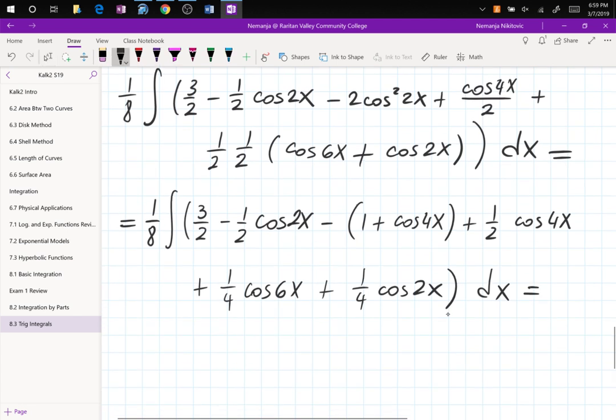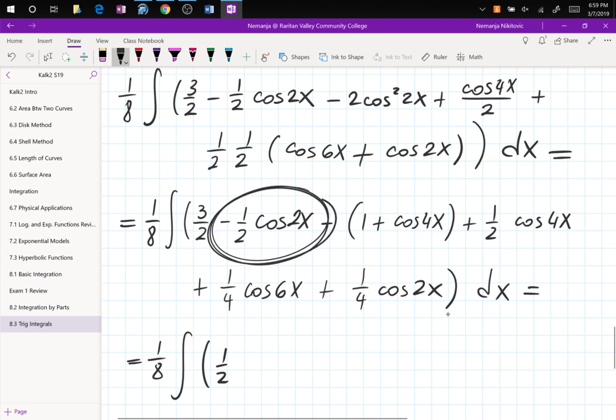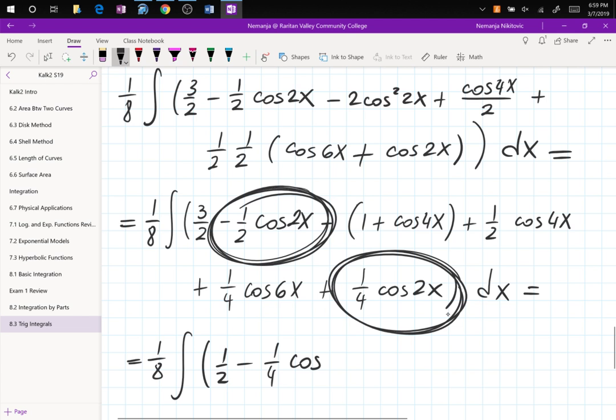Okay, now we're talking. No more exponents. It's wonderful. I have -1 over here. So now these 3 halves become 1/2. I have a negative 1/2 cosine 2x and positive 1/4, so that's going to be negative 1/4 cosine 2x.